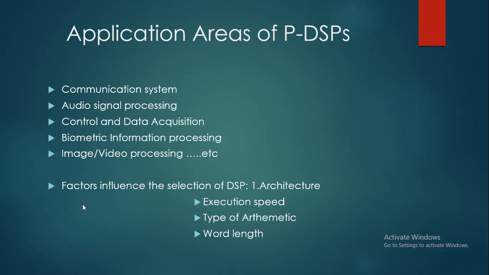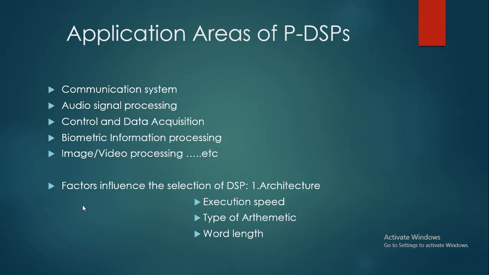Later it was upgraded as the TMS 320C20. So what is the difference between the first and second generation? The first one, TMS 32010, was designed with NMOS technology, and the TMS 320C20 was designed with CMOS technology.